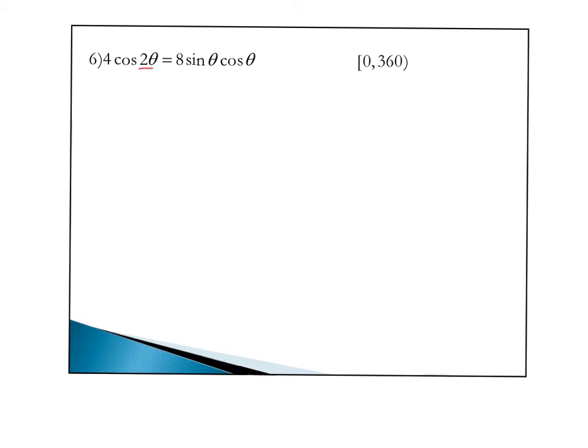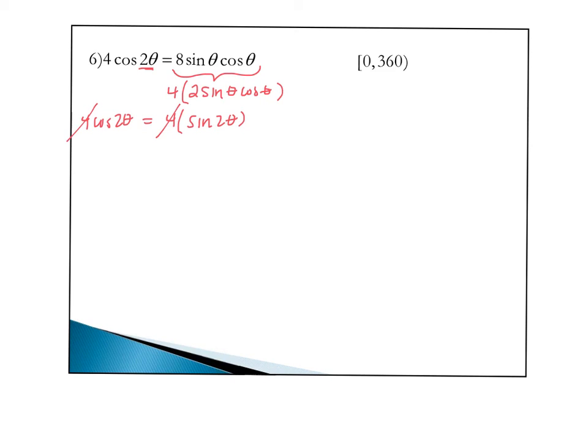So instead of trying to expand out this cosine of 2 theta, what I want you to recognize is that over here on the right, this is equal to 4 times 2 sine theta cosine theta, and 2 sine theta cosine theta is the same thing as sine of 2 theta. So right now we have cosine of 2 theta and sine of 2 theta in the same problem. And the 4's can cancel off, so we divide by 4, those go away.